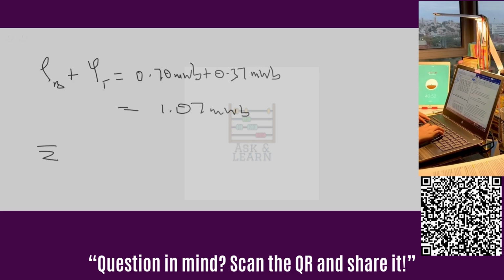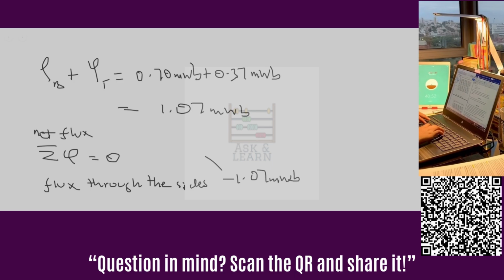Now the sum of the magnetic flux, or what we call the net flux, has to be 0. And that means that the flux through the sides is going to be negative 1.07 microweber.